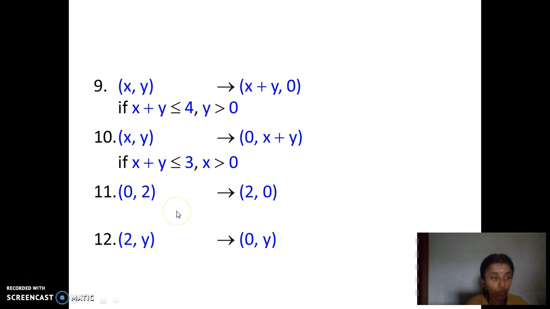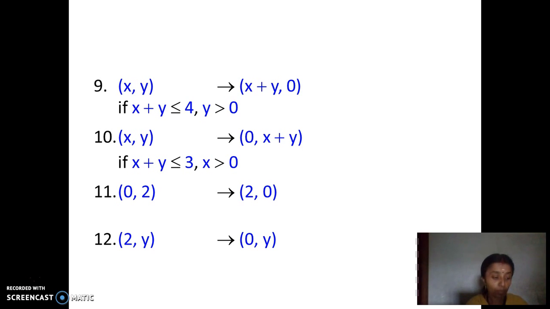The eleventh rule is, if 0 is the amount of water in the first jug and 2 is the amount of water in the second jug, then we can pour all the water from the second jug into the first. The last rule is, if there are 2 gallons of water in the first jug and y gallons in the second jug, then we can fill the second jug and empty the first jug.